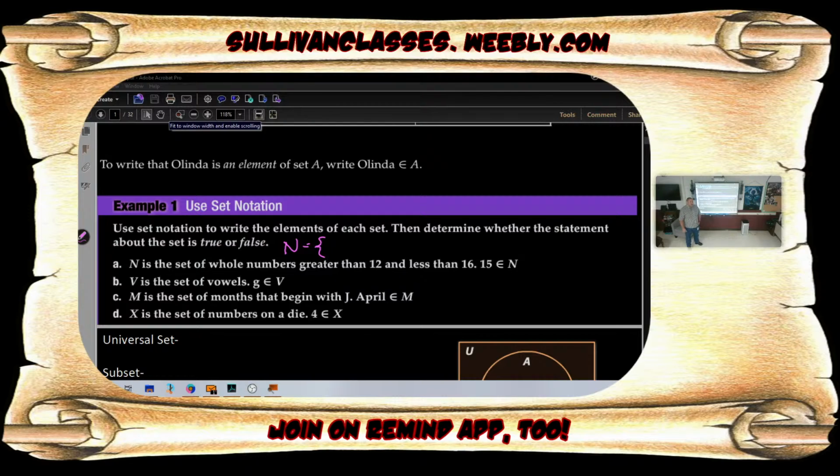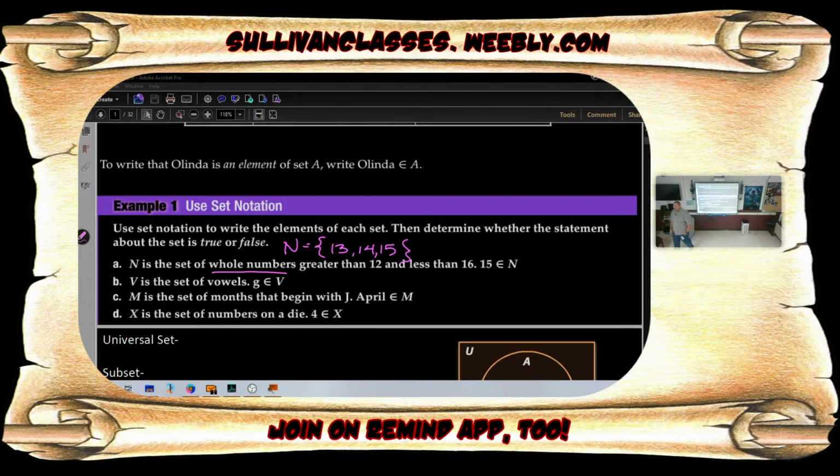If I asked, how tall are you? Are you taller than yourself? No. So I have to start at 13 because it says greater than, not greater than or equal to. 13, 14, 15. Less than 16 means I have to quit there. Whole numbers.